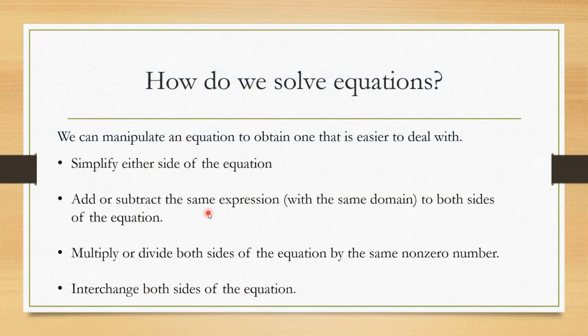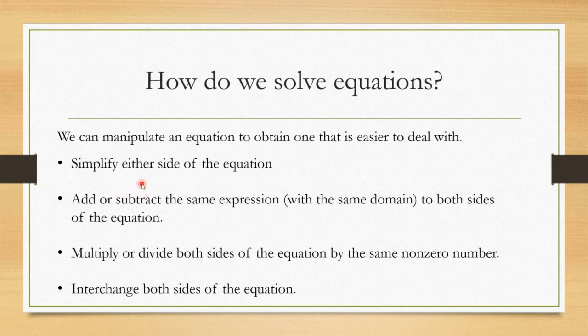That's why you can perform these manipulations. You can add or subtract the same thing to both sides. You can multiply or divide by the same non-zero number, or you could also interchange both sides. Again, you can't do whatever you want. You can only do these manipulations because you don't want to change the solution set.